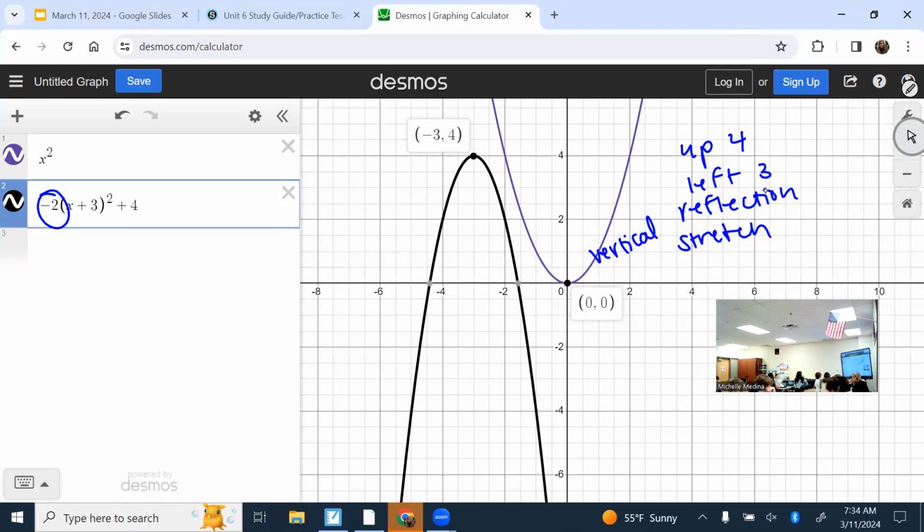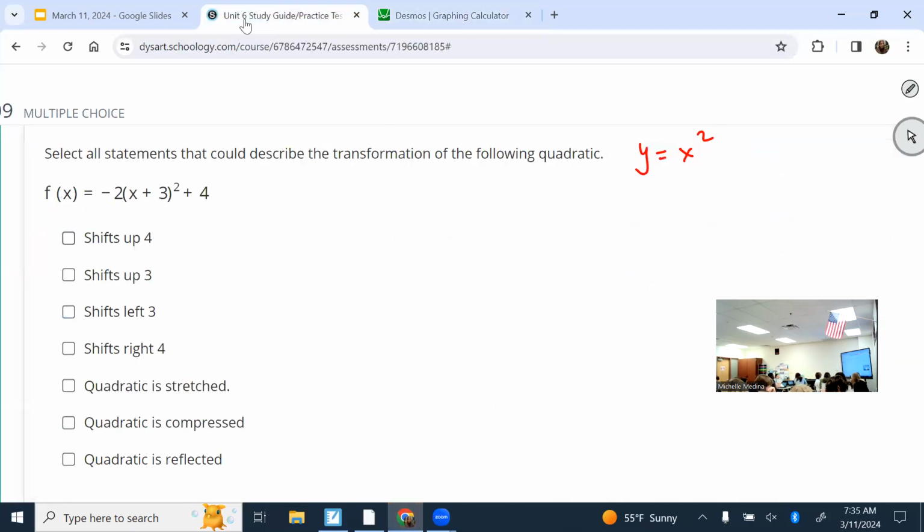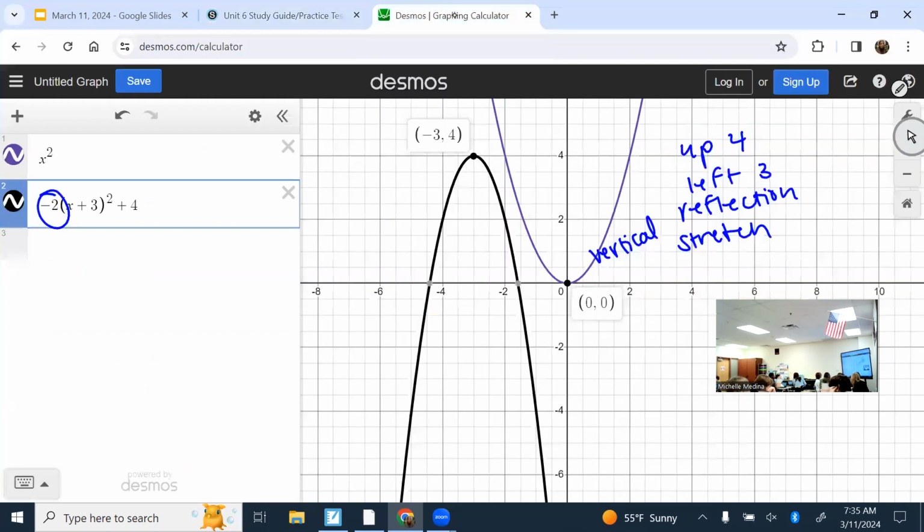So anyway, going back to my question. We need to put that it goes up 4, left 3, which you can see where that is in the equation. We talked about when that happens, what it does to the equation. So it definitely makes sense. You could have done that part without graphing if you memorized it, but you can also just type it in.